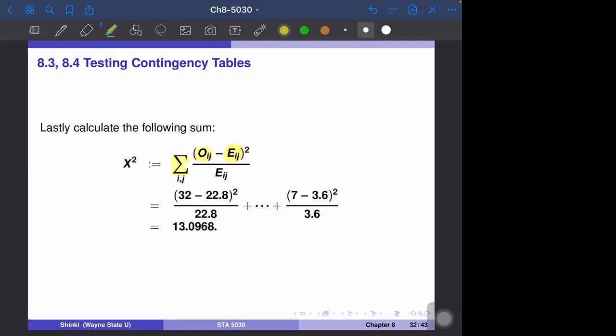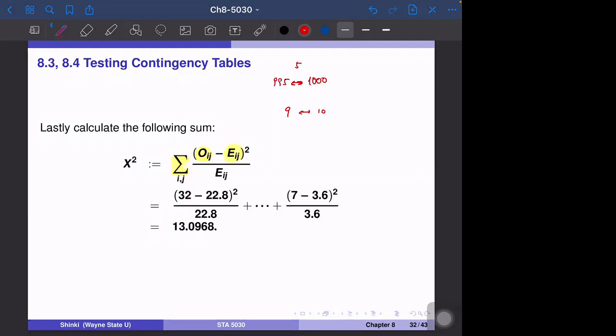But if E_ij and O_ij are larger numbers, then the difference is naturally large. For example, you can see 1,000 and 995. The difference is very small, negligible, but the absolute difference is 5. This is different from smaller numbers.